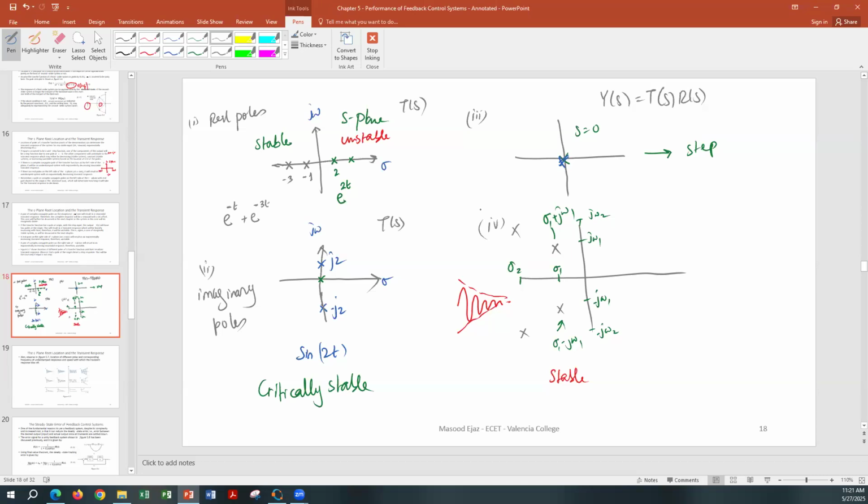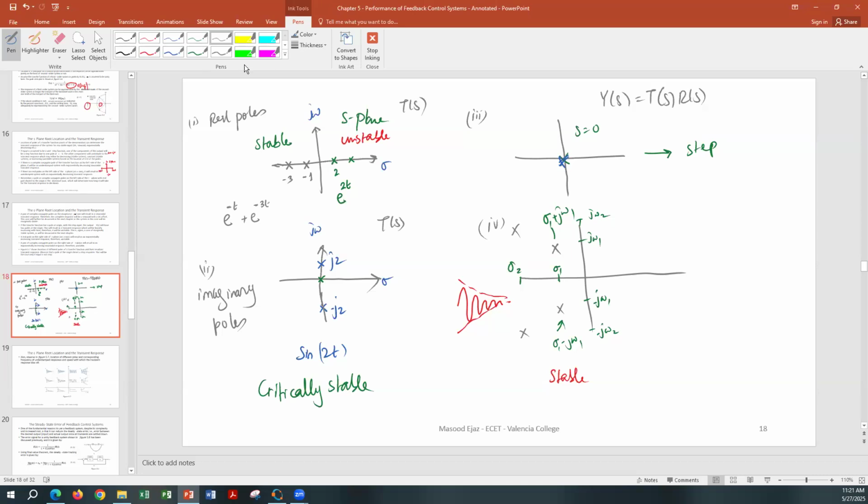The steady state response comes from the input signal, because once the transients are gone, you are only left with the type of input you're supplying to the system. If it's a step input, when the transients are gone, you are only left with the step input. So the steady state value of the output comes from the input, and the transient value of the output comes from the transfer function.